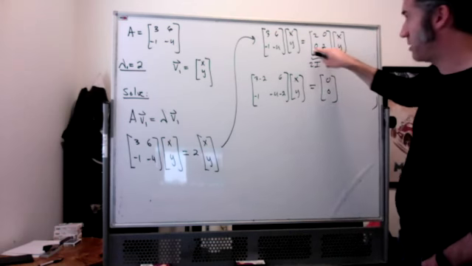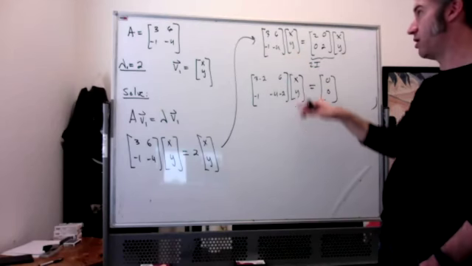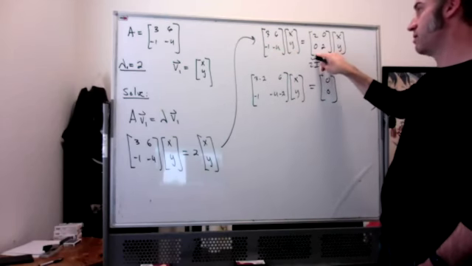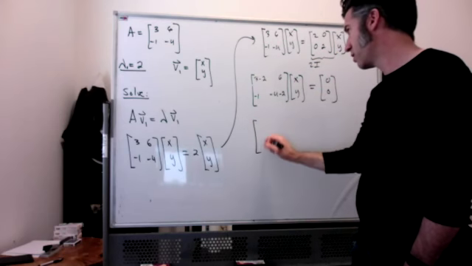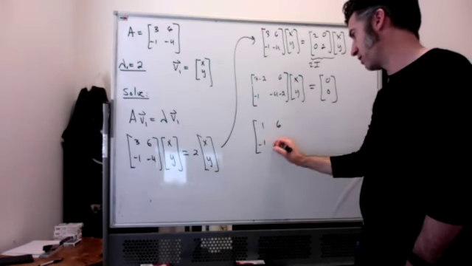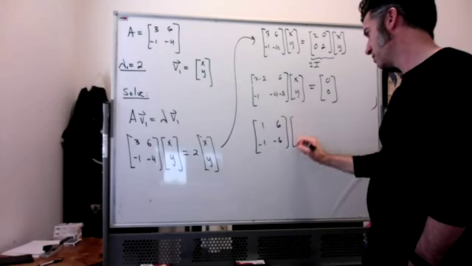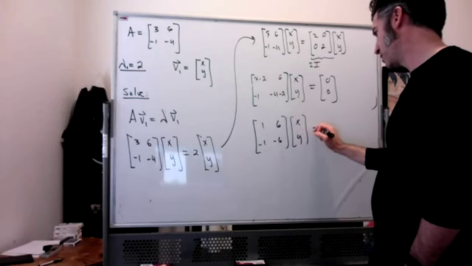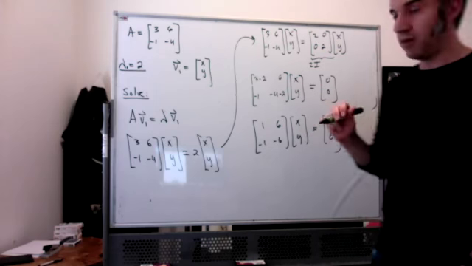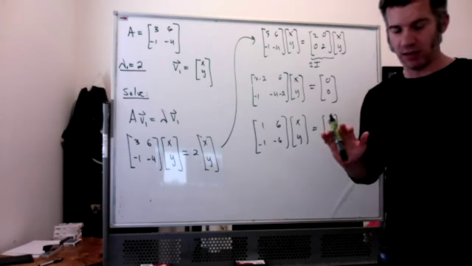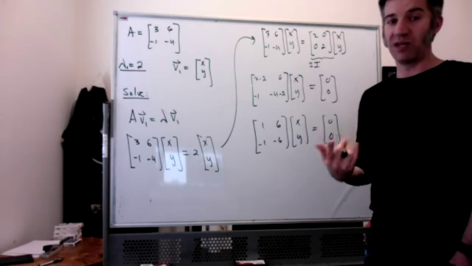So we subtracted this over here, and then we said, this matrix minus this matrix is that matrix there. So now we're left with 1, 6, -1, -6, times x y equals 0, 0.